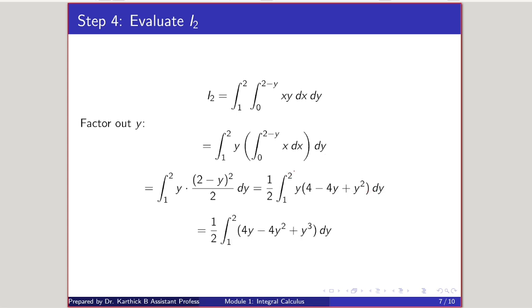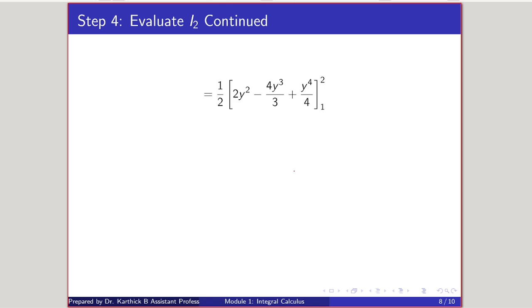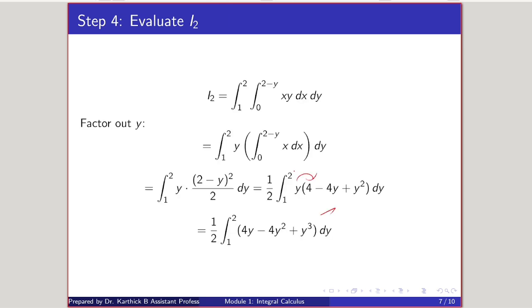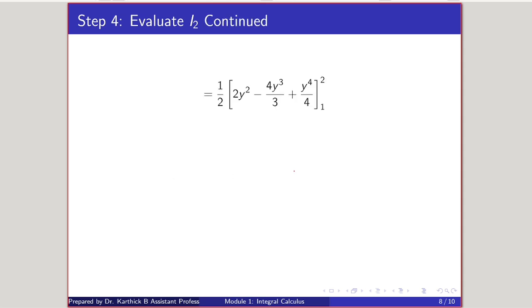On the next step, we multiply the value of y to this term. We get this step. Next, we integrate this. Simply y with respect to y gives y square by 2, y square with respect to y gives y cube by 3, and y cube with respect to y gives y power 4 by 4. Then we substitute the limits.